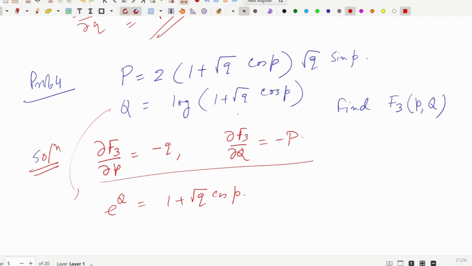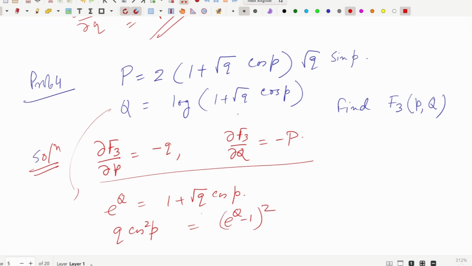We will be using the q from this equation from here.